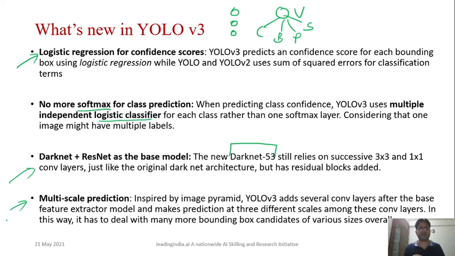Version 4 is on darknet and version 5 is on PyTorch. They have introduced different varieties of training methods in version 4 and 5. That will help to find the best output in the object detection problem, and that is the latest model, YOLO version 5.